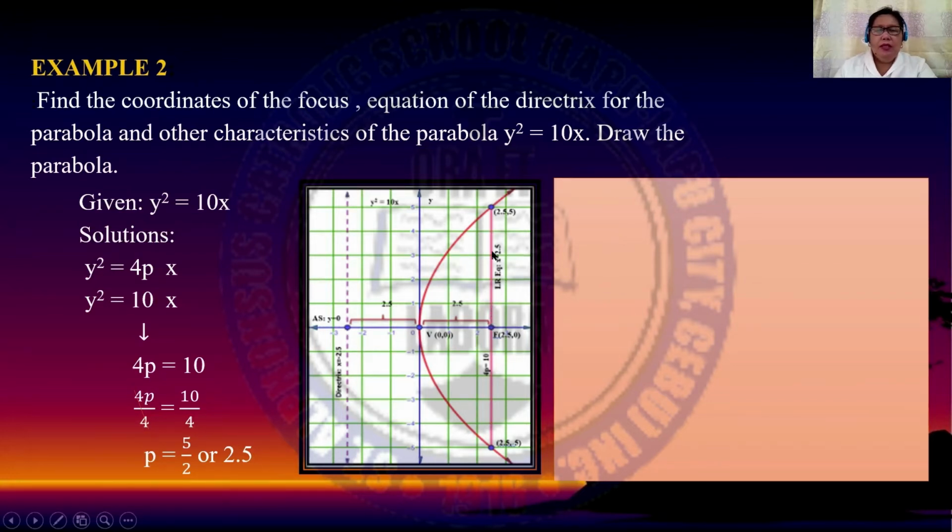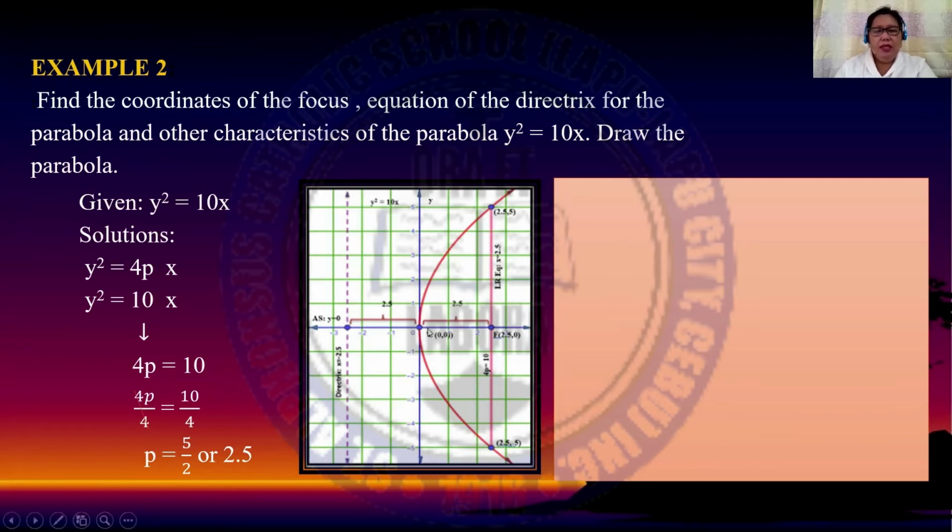Then from here to here, that is equivalent to 5 units because that's 2.5 times 2. From the focus to this point, that is also equivalent to 5. A total of 10 units. That's the length of the latus rectum.